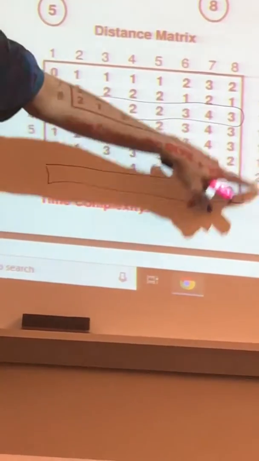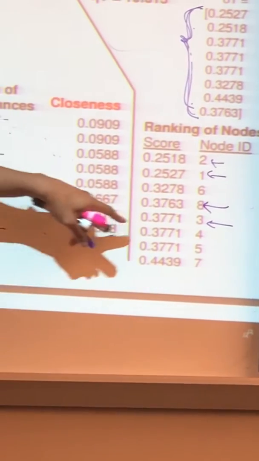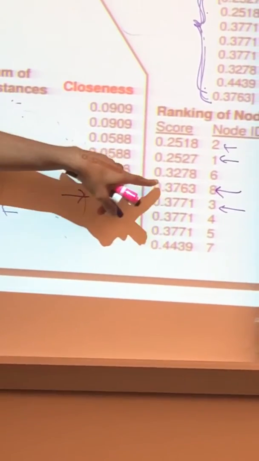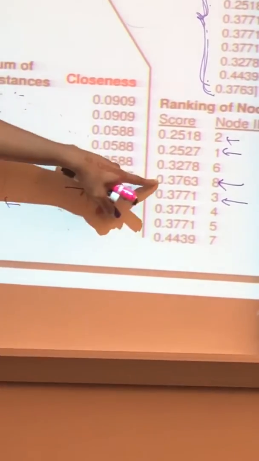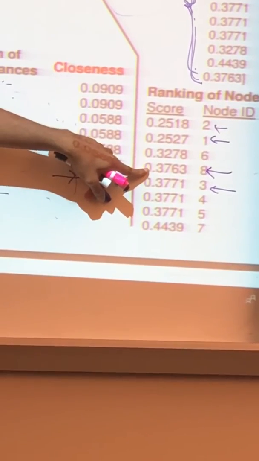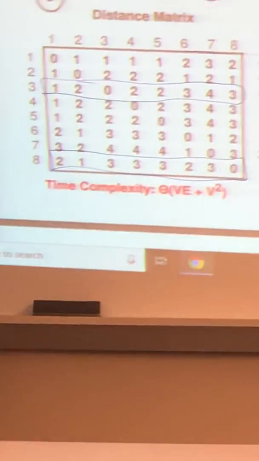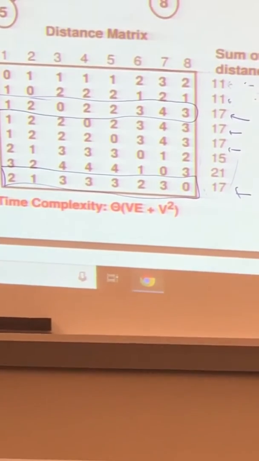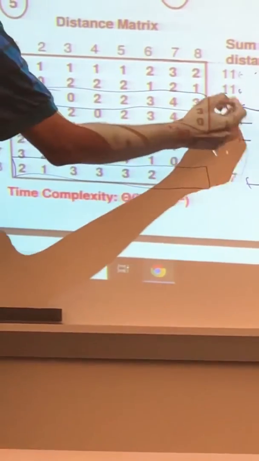Even though the sum is 17, vertex 8 has a lower value, 0.3763 compared to 0.3771 for vertex 3. That means the smaller the value here, the smaller the variation. So vertex 8 is closer to the other vertices compared to vertex 3. Is that clear? You cannot say that when you just compute the sum.